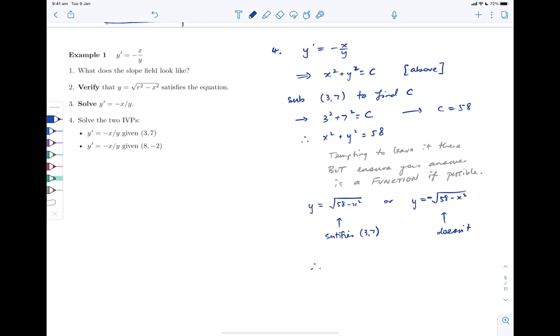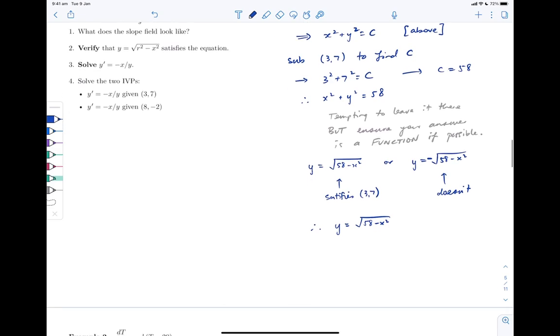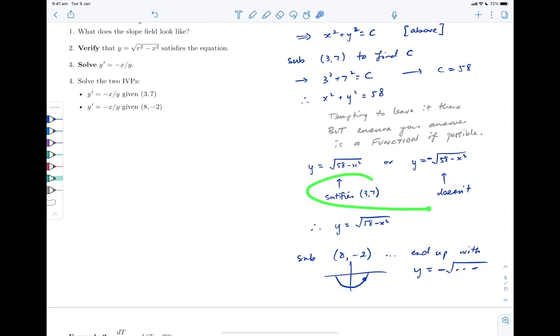So therefore, y equals square root of 58 minus x squared. Okay, and in the other case, which I'm not going to do in full, given 8 comma negative 2, we'll end up with y equals negative something, because 8 comma negative 2 is below the x-axis, right? So these will be the other way around in that case.